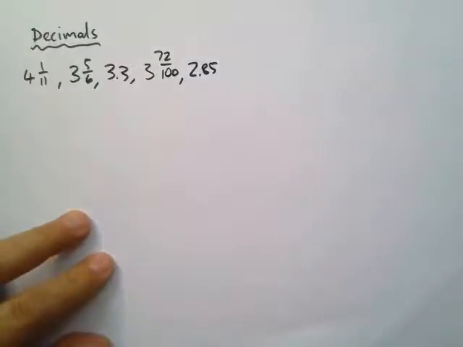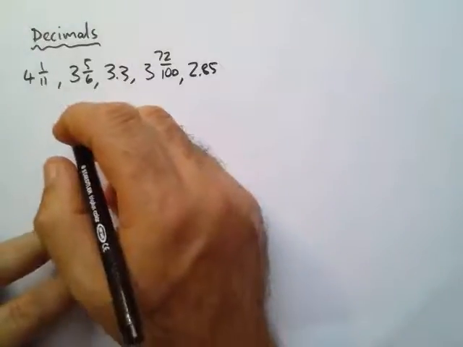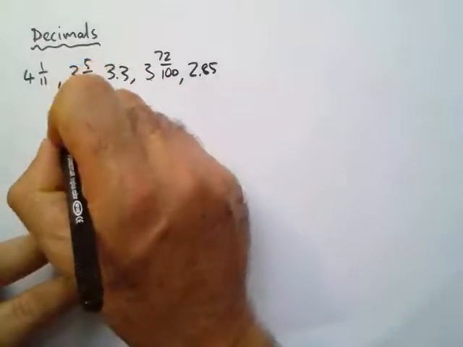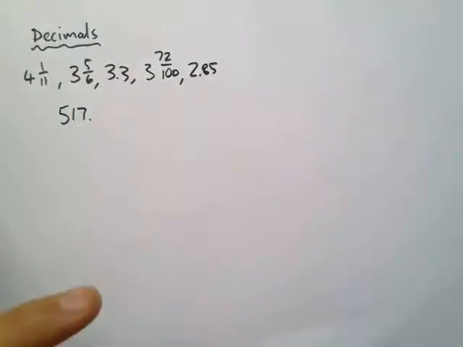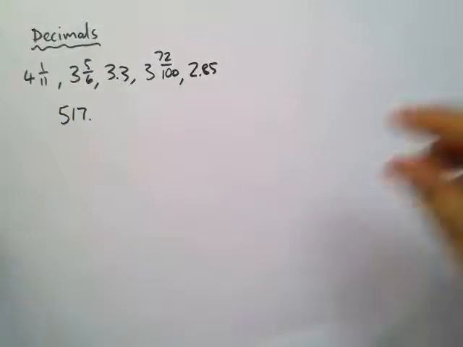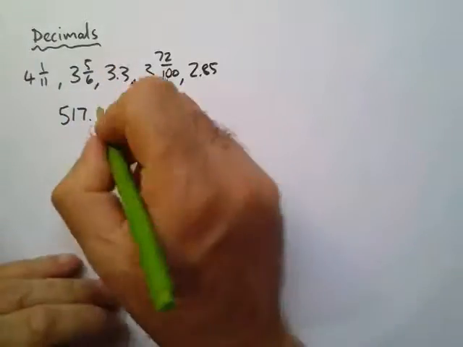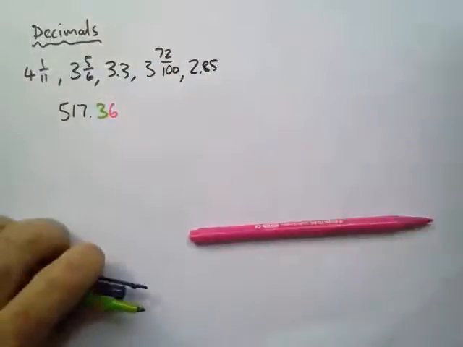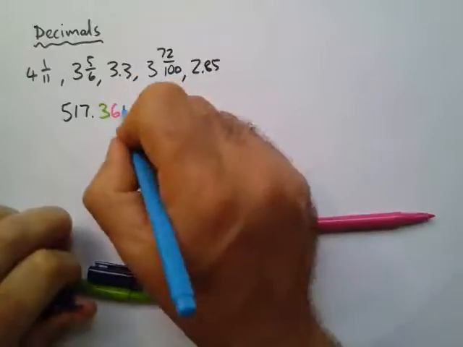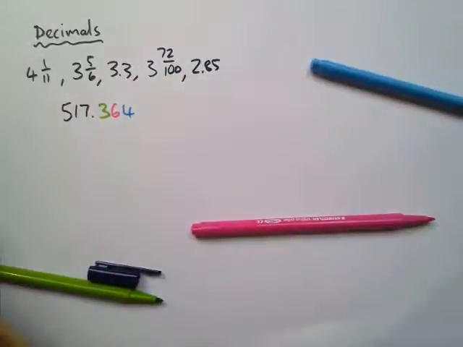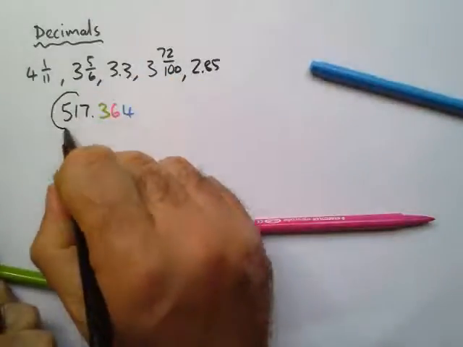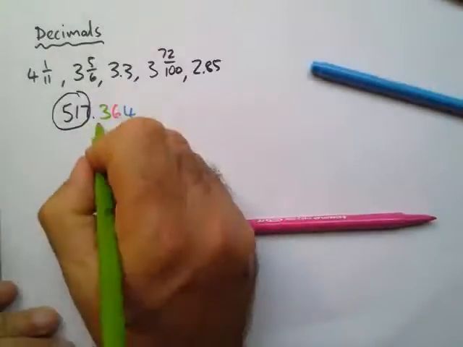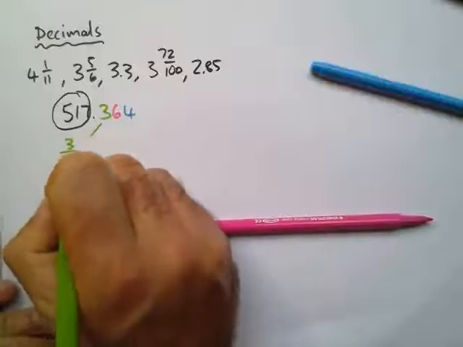An example of a decimal number will be something like 517.364. So what this means is the whole number is 517. Then we have 3 tenths, 3 over 10.